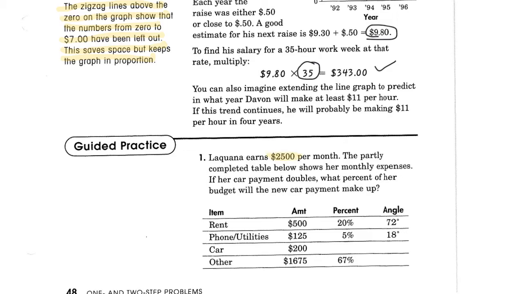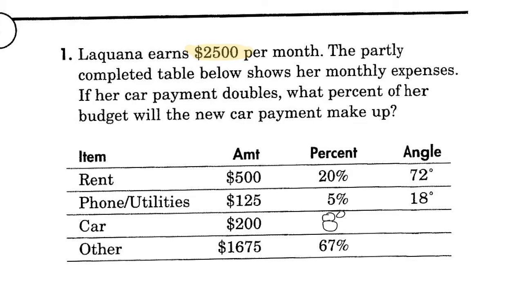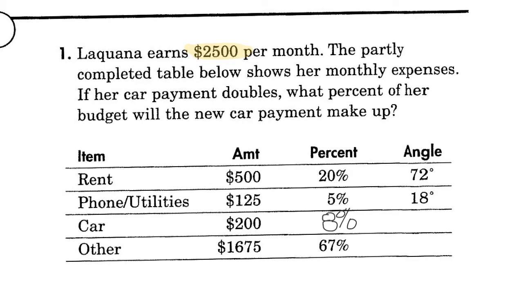That's our total. So what we have to do is take the $200 for the car and divide it by the 2,500. That gives us a decimal, and then we convert that to a percent. I need to make this a little bigger so I can write. So this is going to be 8%.